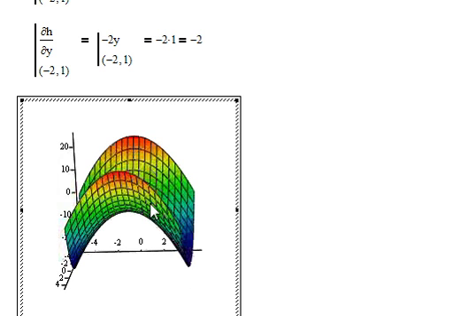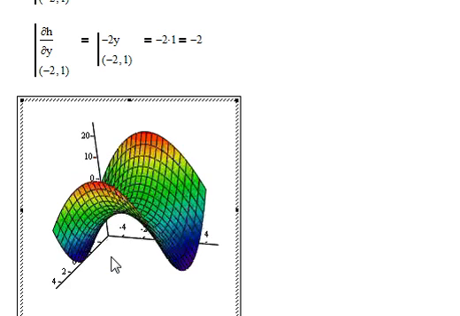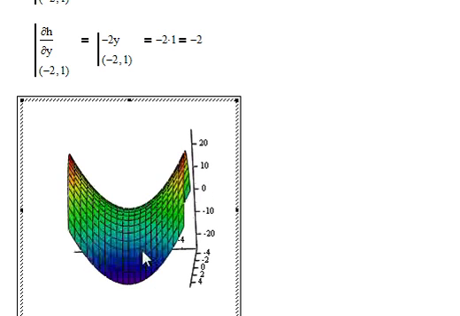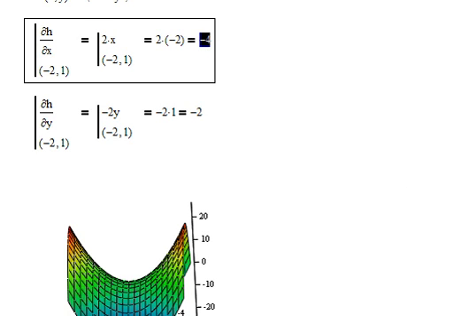But in that plane, at this point, the surface has a slope of, I'll turn it sideways maybe so you can see it, a slope of -4. That's what this partial derivative equal to -4 means, okay?